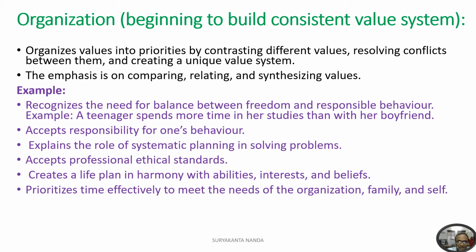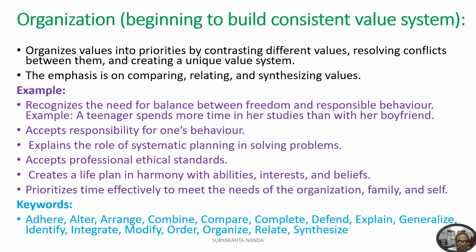Next example is accepting responsibility for one's behavior. Explaining the role of systematic planning in solving problems. Accepting professional ethical standards. Creating a life plan in harmony with abilities, interests, and beliefs. Prioritizing time effectively to meet the needs of the organization, family, and self.